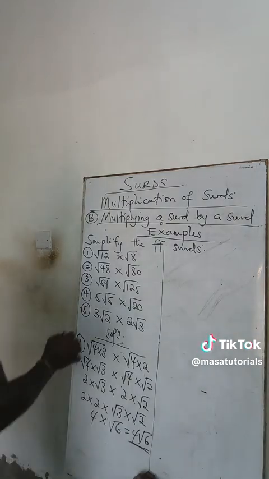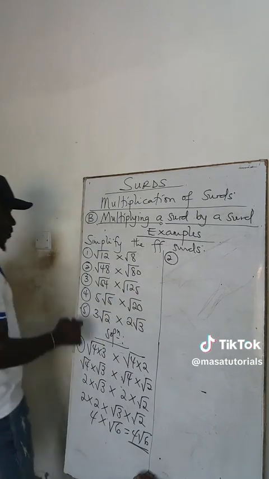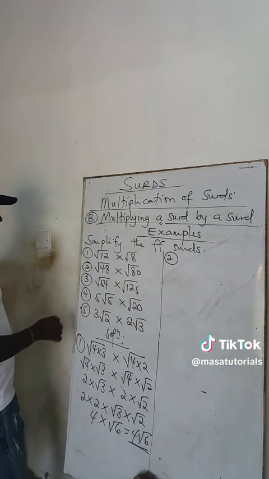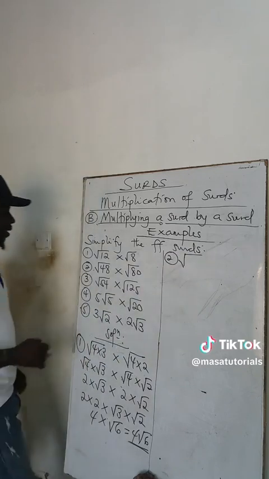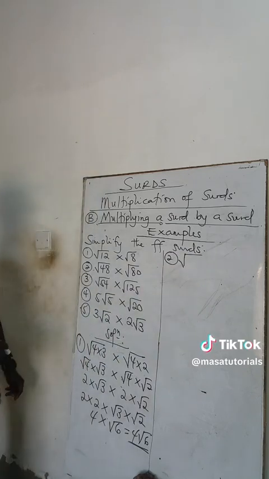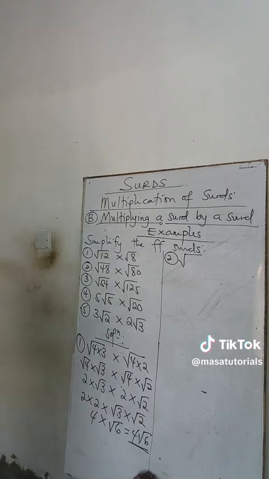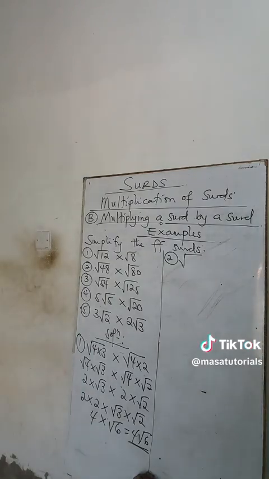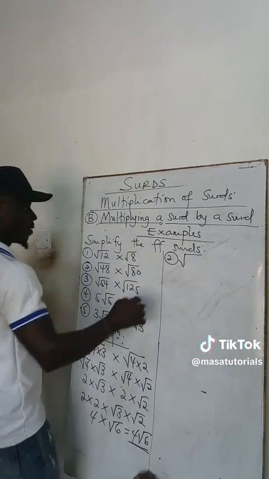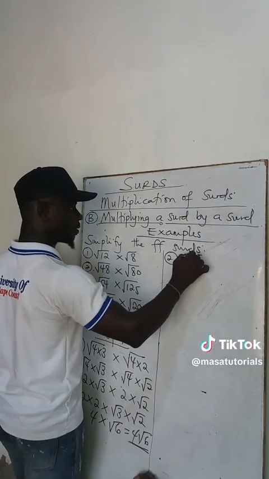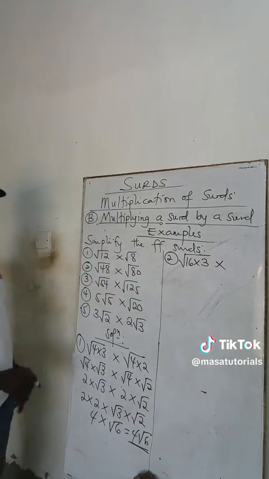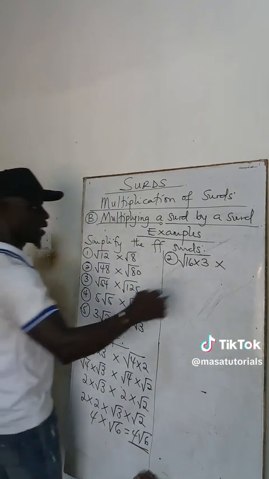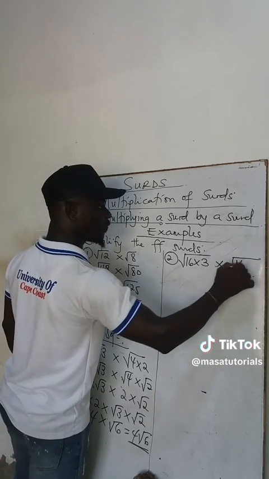Alright, let's see the second one. The second one, square root of 48 times square root of 80. Now, square root of 48, we can get 16 times 3, and square root of 80, we can get 16 times 5.